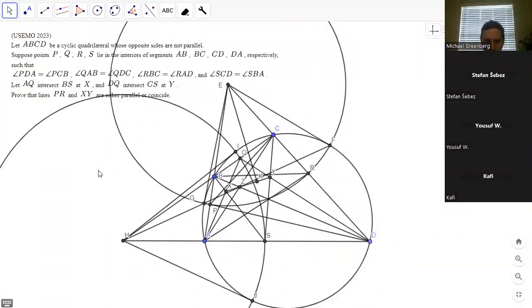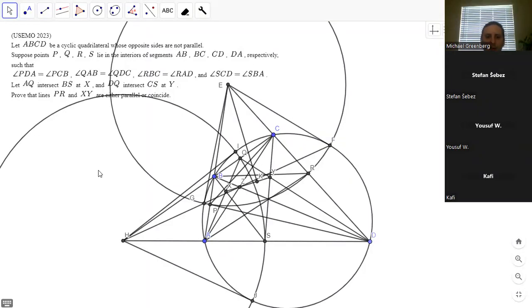Yes. So let me draw this one. And it's equal to SQ.